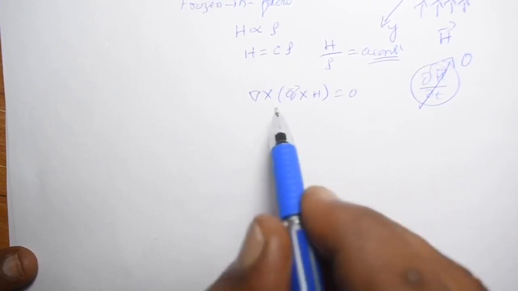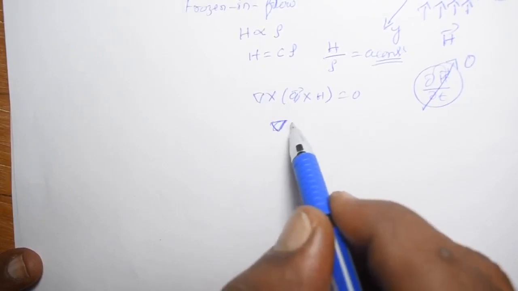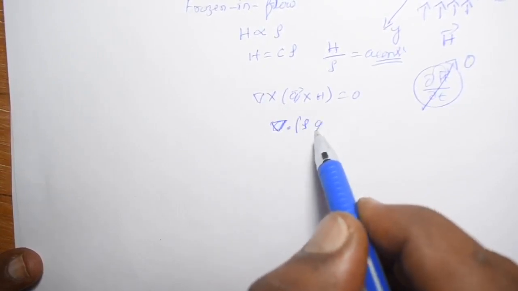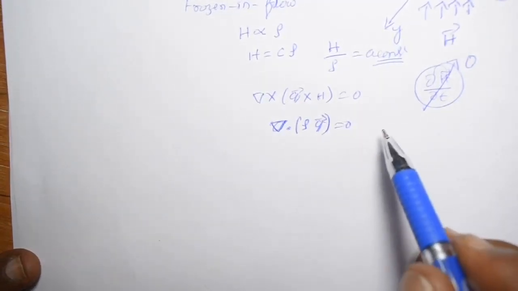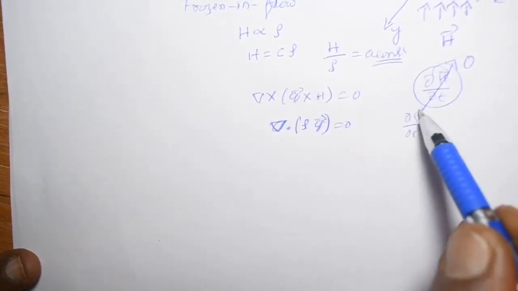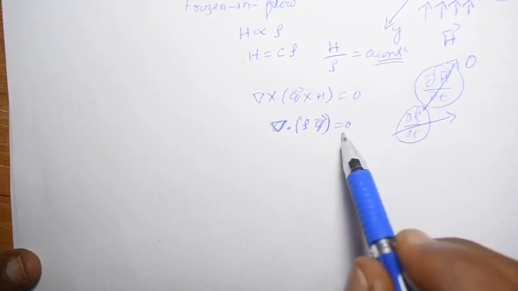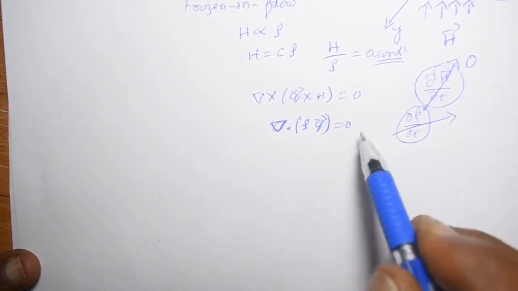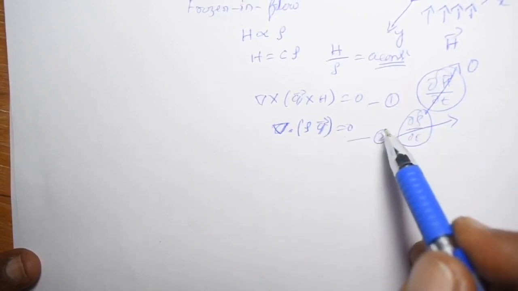And the equation of continuity is given by divergence of rho Q is equal to 0. This is also for steady flow, otherwise you would have del rho by del t. Since the flow is steady, this term becomes 0, and this simply becomes divergence of rho Q is equal to 0. Call this equation number 1 and this equation number 2.